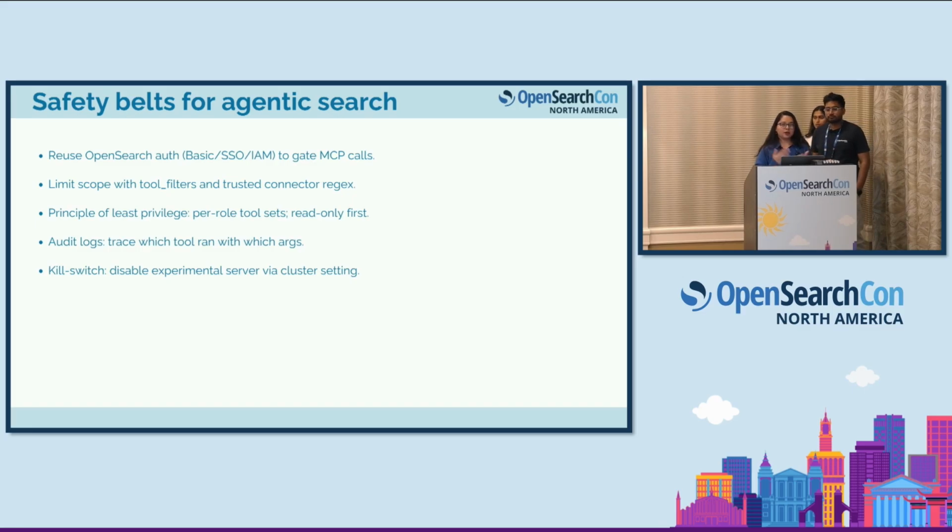So whenever we are using something related to AI, the most important thing that everyone asks about and is concerned with is security. OpenSearch already provides authentication methods, and you can also customize them according to your own organization. If you're using something else, you can do that.